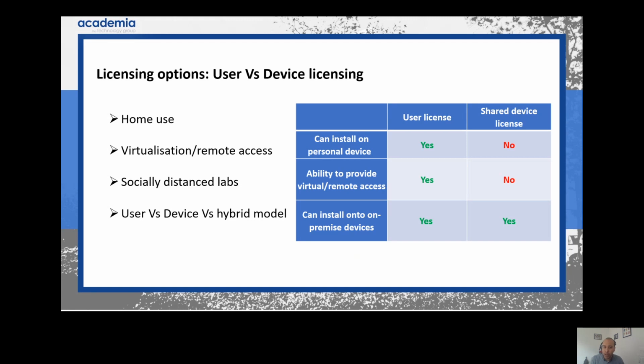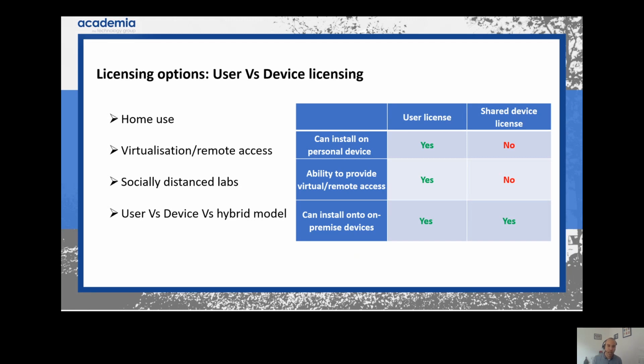And the final point here is really important. So whilst we talk about user versus device, absolutely, if you qualify for K-12, you can license all your users and save money. It's a no-brainer. However, for many, particularly if you're running HE or you have a really large student population, and maybe the majority don't utilize Adobe as part of their core subjects, you may want a hybrid model to reduce that cost. And that may be a case of licensing every core user.